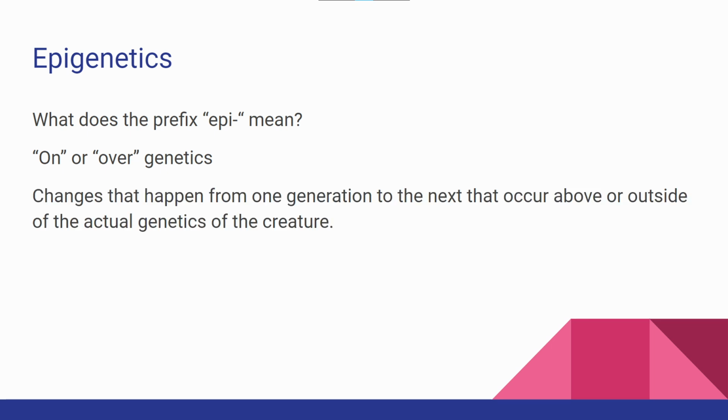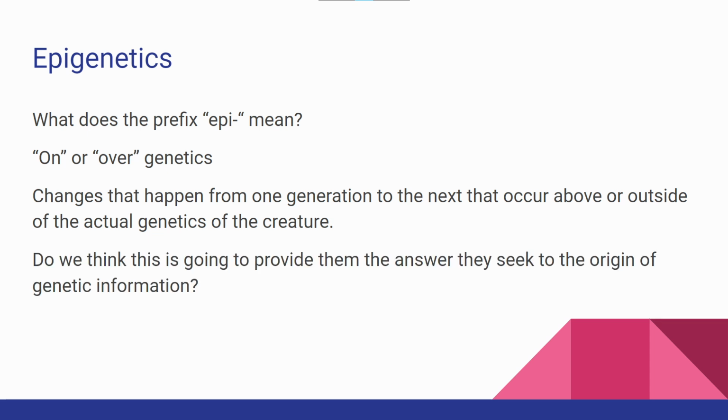It's changes that happen from one generation to the next that occur above or outside of the actual genetics of the creature. Do we think that this kind of change is going to provide them the answer that they seek in the origin of genetic information? I don't think so, but we'll see why it really doesn't here in a second.